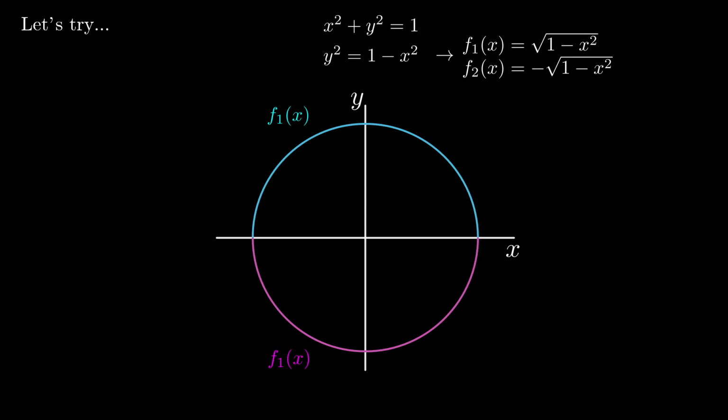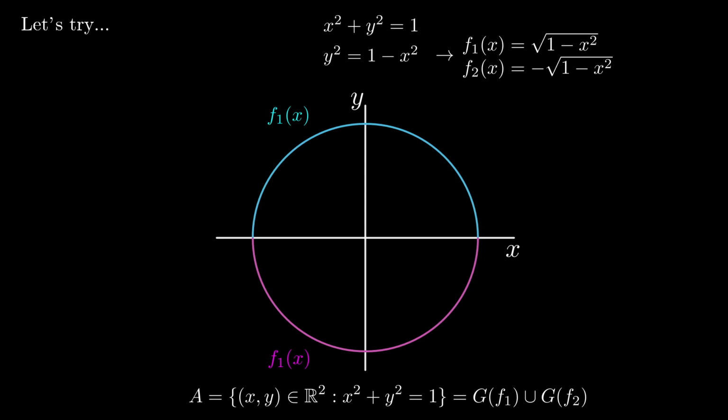Here this is f1 and this other is f2, okay? And what are we seeing right now? We're seeing that if we take the union of these two sets of points, of these two curves, the resultant figure is our circle, right?